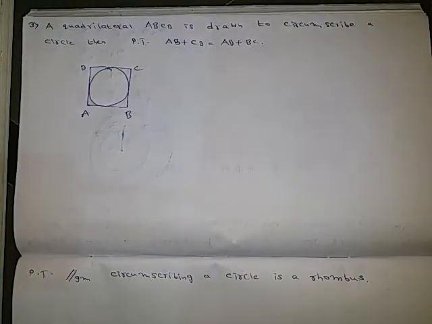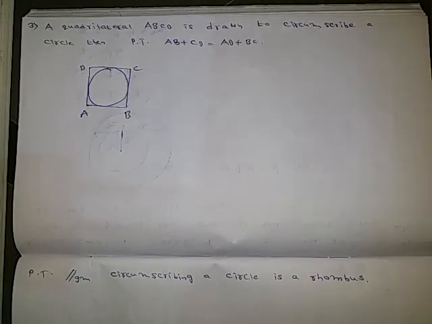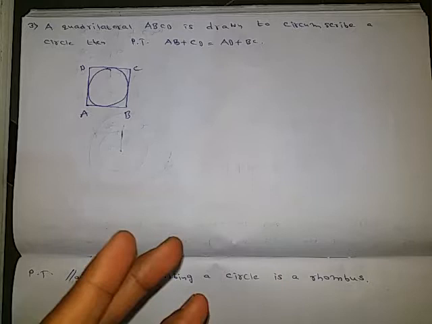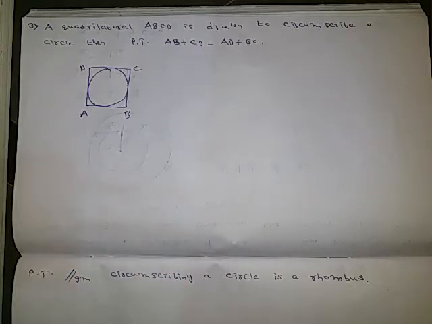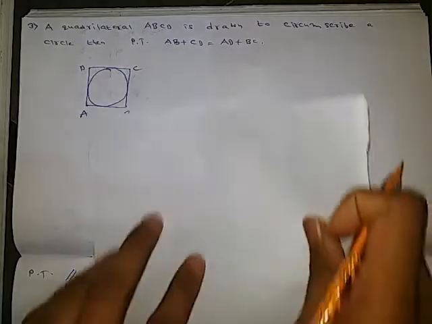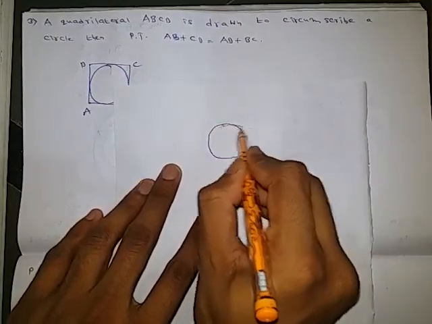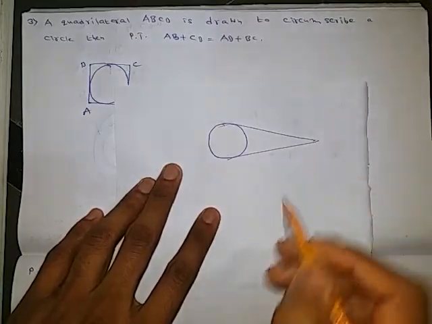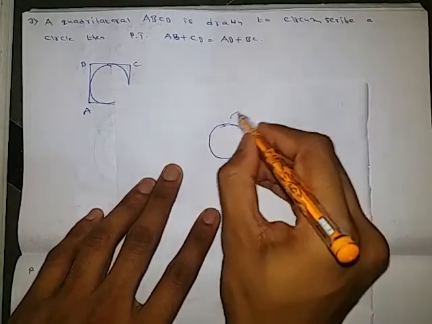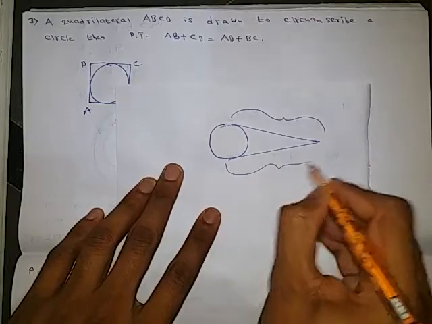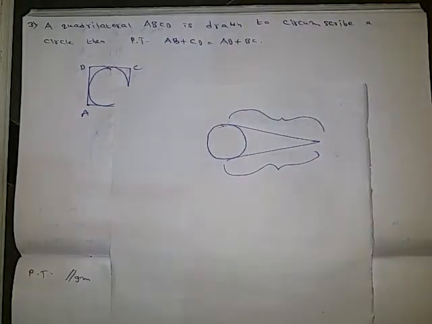So now the only one logic we are going to use here is the tangent. Just the previous two problems we discussed that only. For any circle, if two tangents are drawn from a point, these two tangent measurements will always be equal.